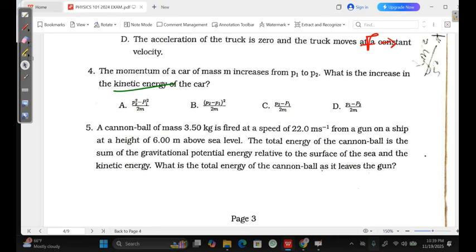Well, B is also saying final minus initial as well. So in short, what we have here, I want you to understand this.